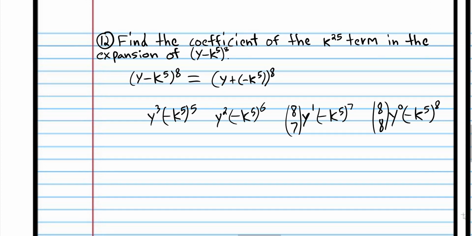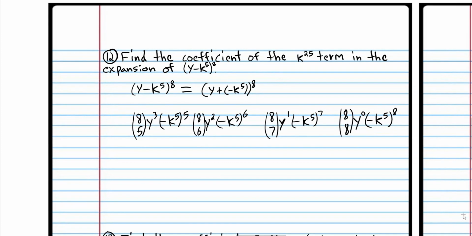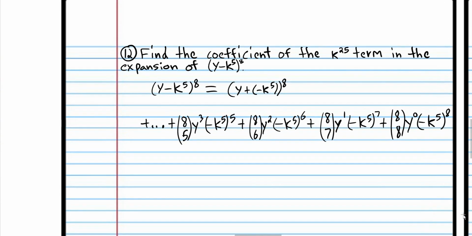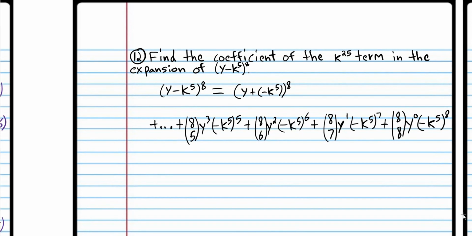Then we have 8 choose 6, and then we have 8 choose 5. So we'll put plus signs in between, and a plus here with 3 dots, and then plus the first term.